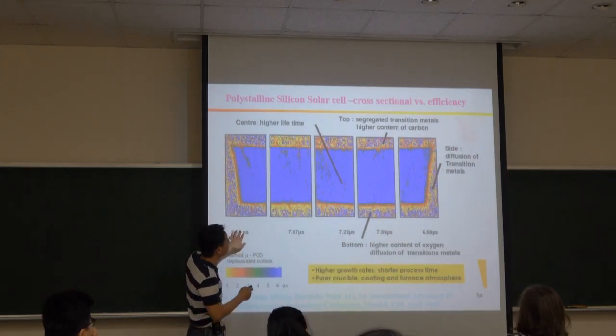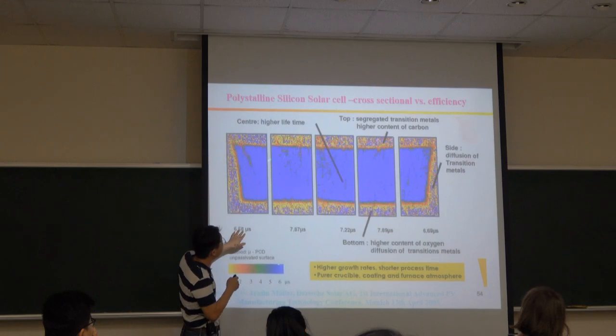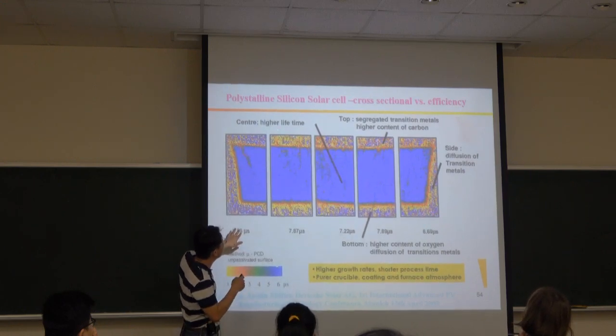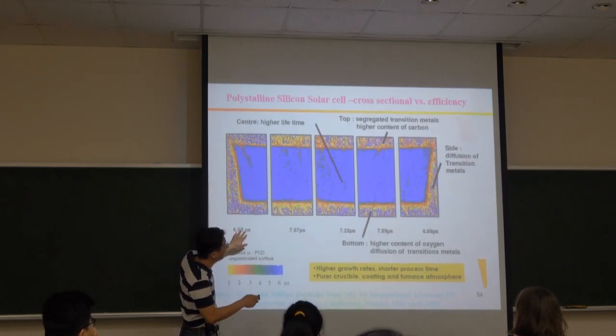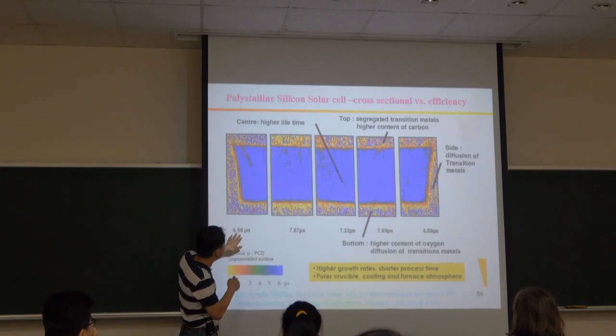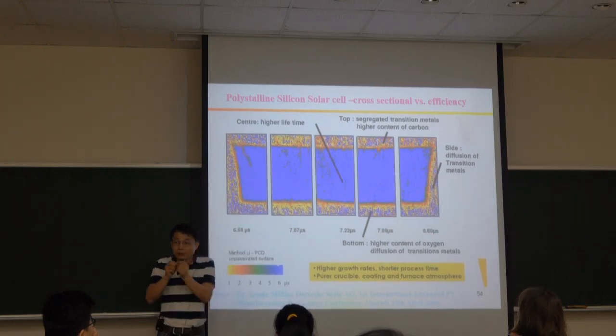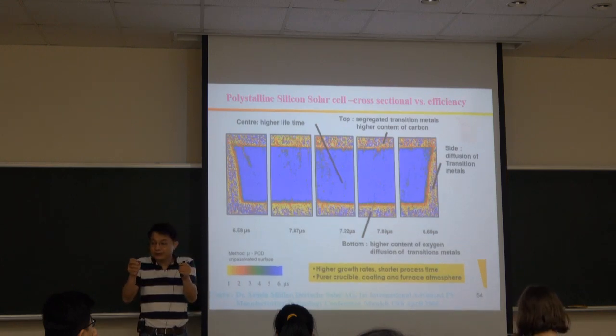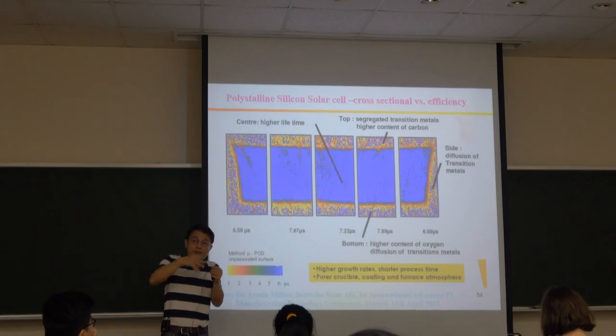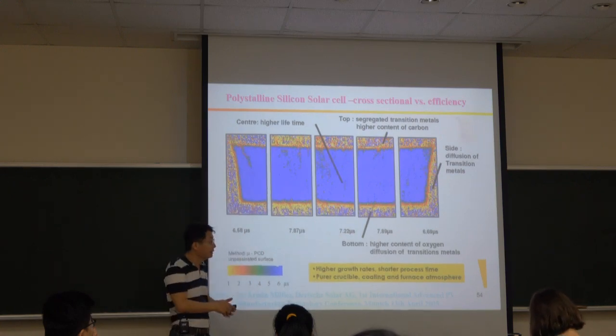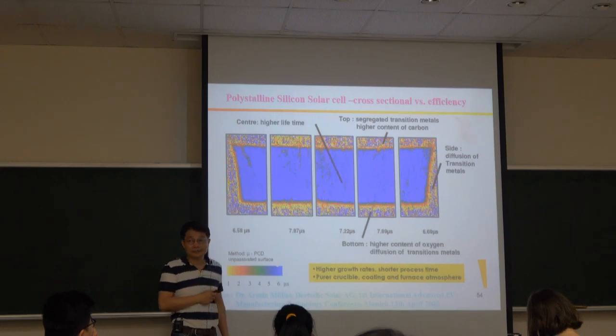Based on this, the center area has a higher electron lifetime, but this area has a shorter lifetime, which means that once the carrier charge separation occurs, the electrons will be trapped in this area, because this area has a lot of defect.